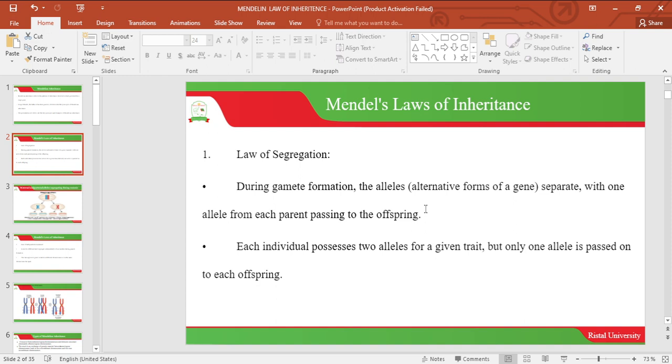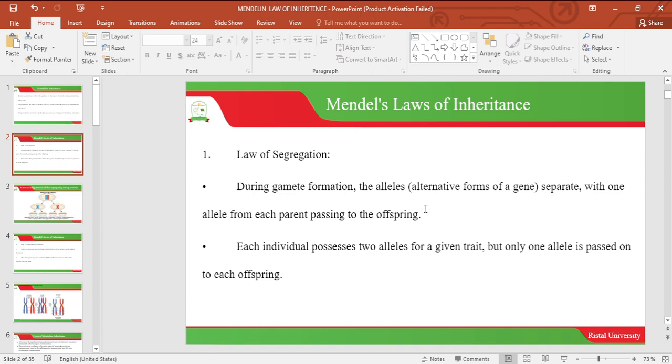The law of segregation states that different genes and their alleles are inherited within sexually reproductive organs, or rather, during the formation of gametes, the alleles, or the forms of a gene, separate with one allele from each parent passing to the offspring. This is during the process of meiosis.